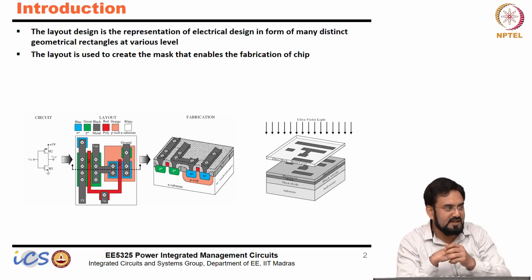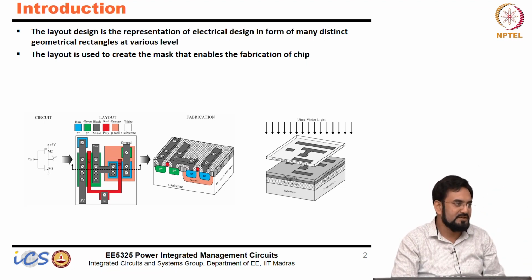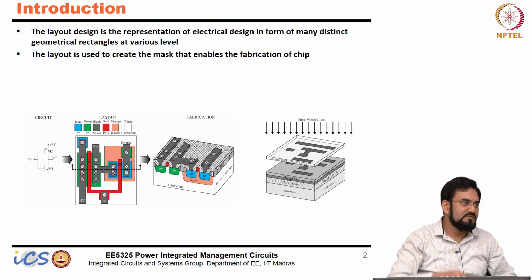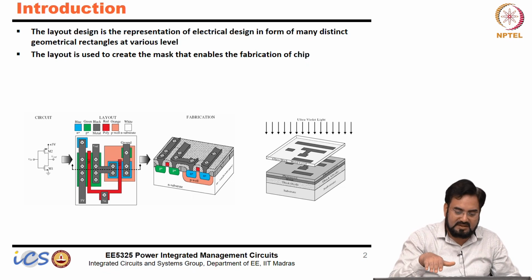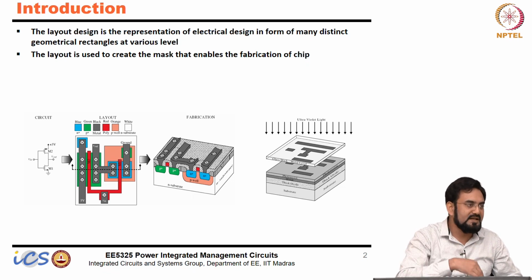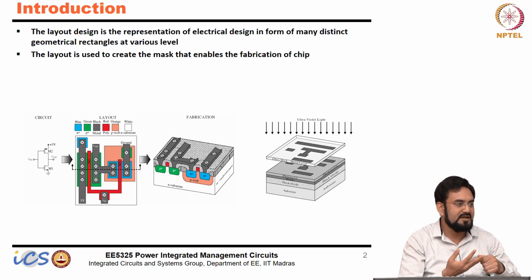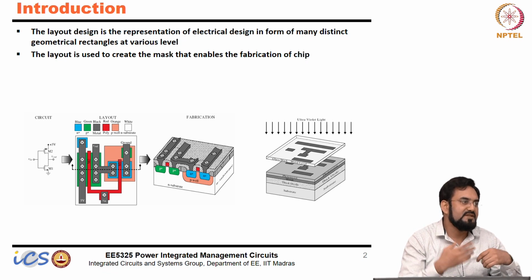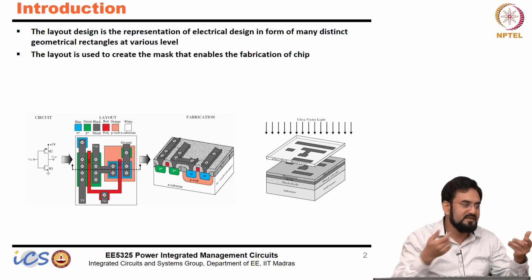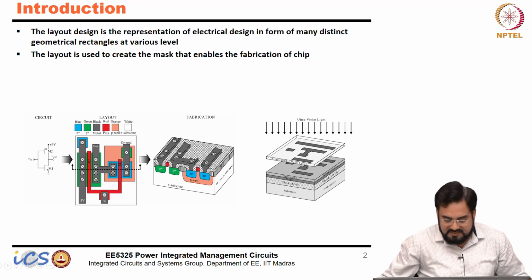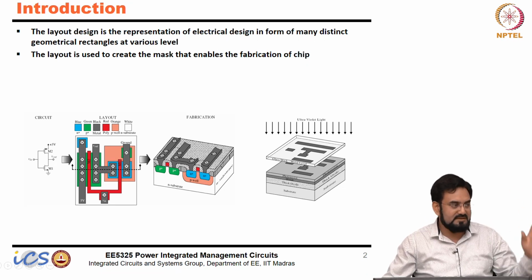So, you have to drill into that, just like in a multi-layer PCB. That is called a via. The contact is when you are connecting from metal to any other layer, let us say metal to poly or metal to diffusion. When you connect metal to metal, that is a via, and a via is nothing but actually a hole, that is it.